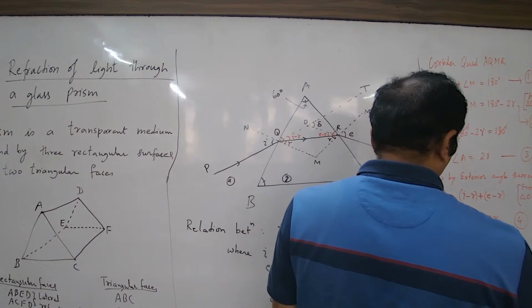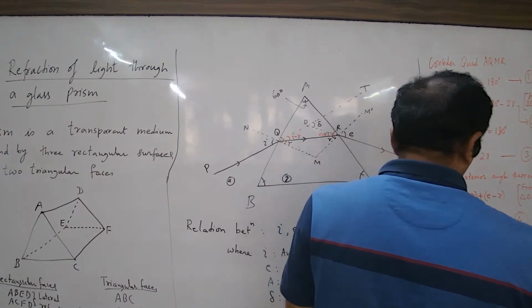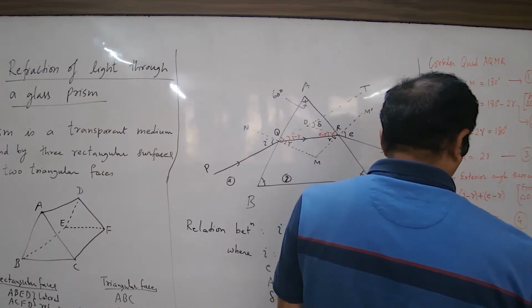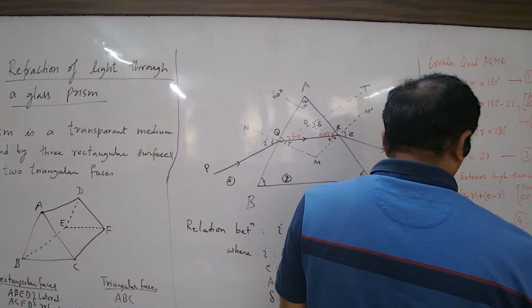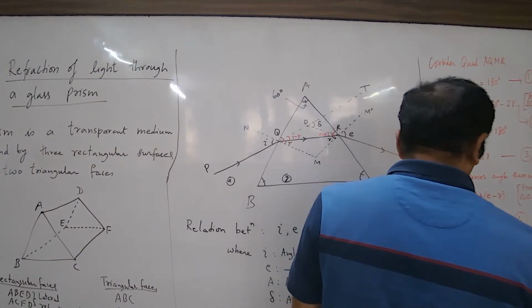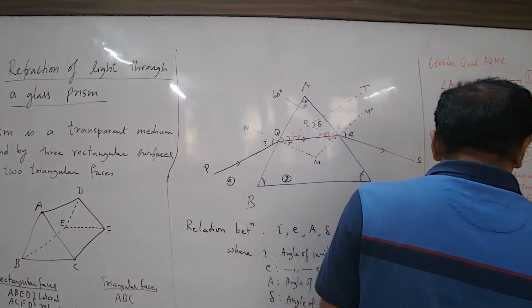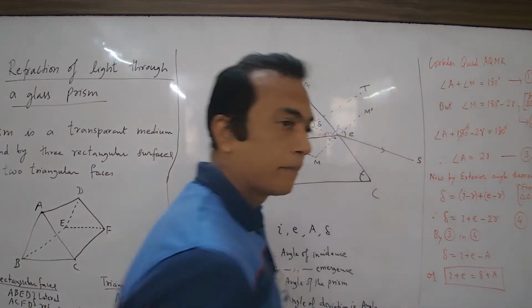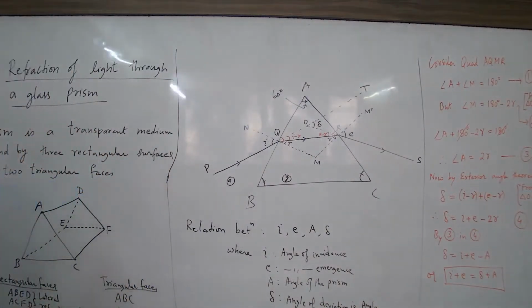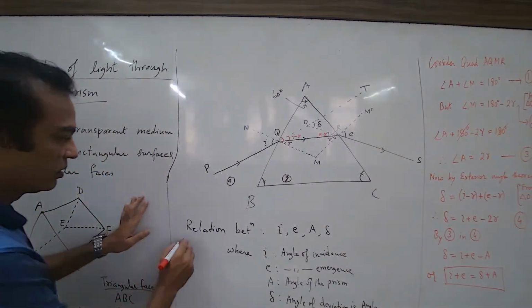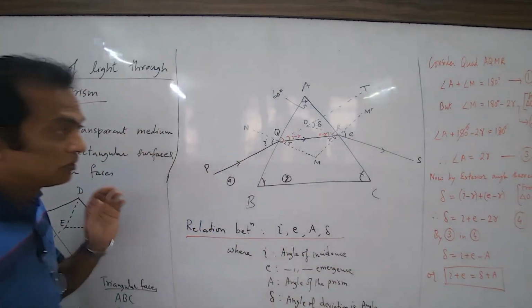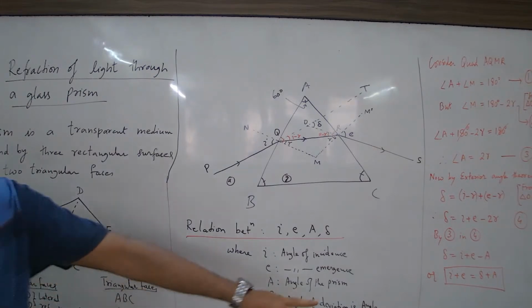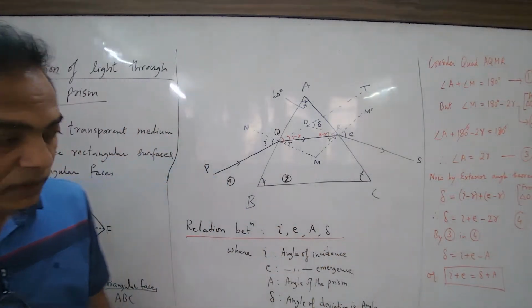Deviation is equal to I plus E minus A. Or we have I plus E is equal to delta plus A. Okay. We set out to derive this relation. So whenever there is a refraction of light through a prism, this relation will be obeyed, right?